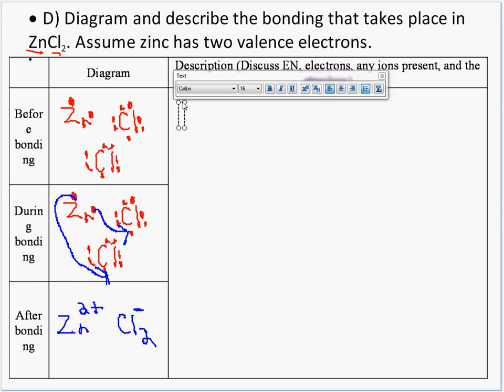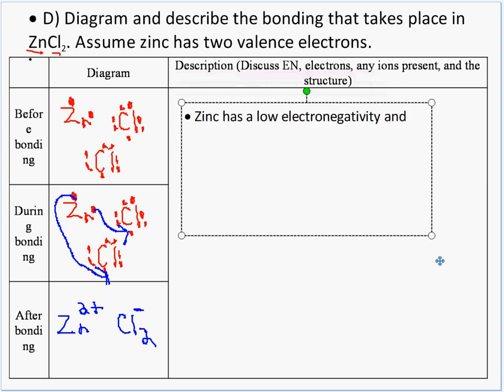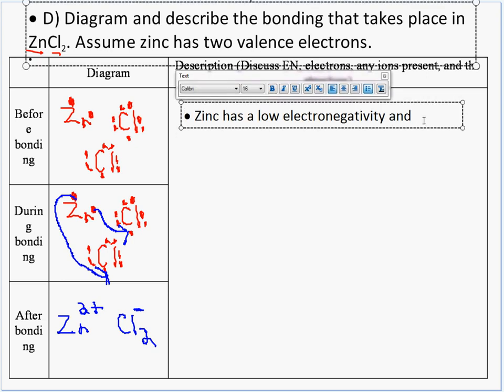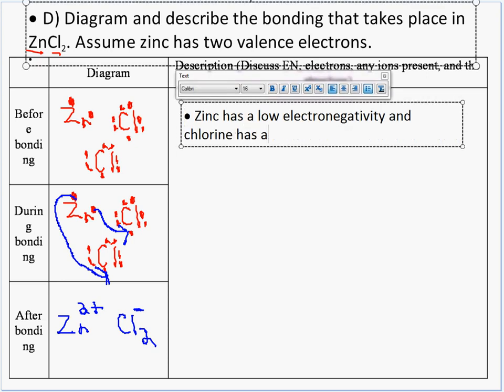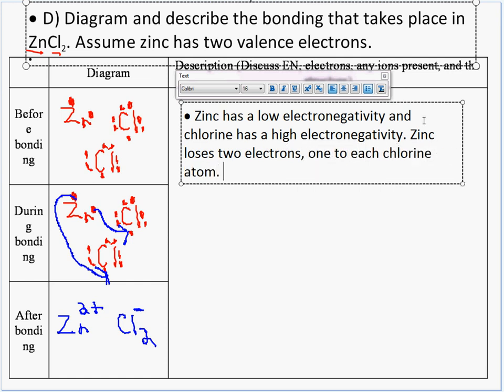So now we need to discuss this bond. It says discuss the electronegativity, so I'm going to say zinc has a low electronegativity, and chlorine has a high electronegativity. It says discuss the electrons. So I can say zinc loses 2 electrons, 1 to each chlorine atom.